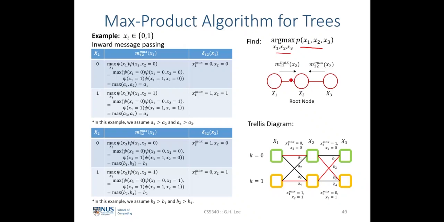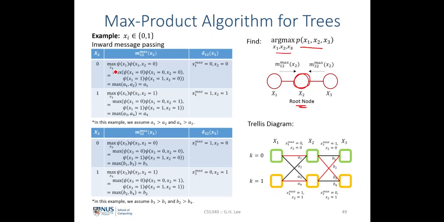I'll do the same thing. I'll first start from the leaf nodes. Let's say I choose x2 as my root node. I will first start to propagate the message from the leaf nodes of x1 and x3 respectively. This is easy.